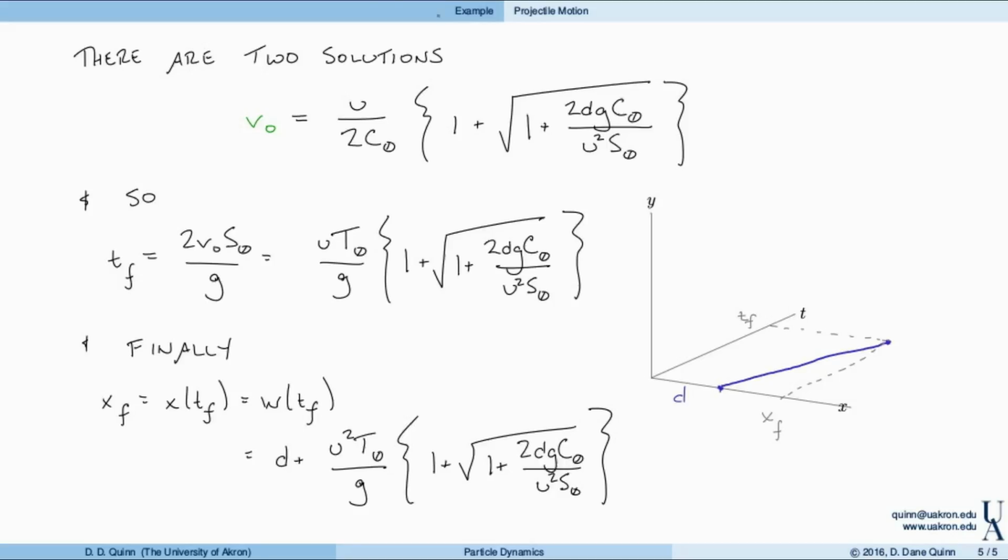Now I can go and look at the motion of the ball. So the ball here, I'll do that in gray in terms of x versus t and y versus t. So again, x versus t, the ball actually moves on a straight line, because x increases linearly in time.